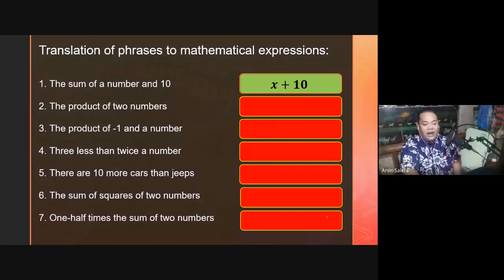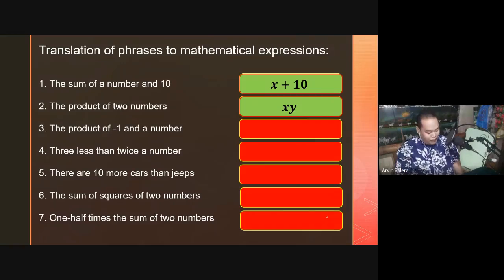Easy. The product of two numbers. Remember, we will use two numbers. Since it says numbers, we can use symbols here, but product is multiplication, so we can use variables. And that is xy.